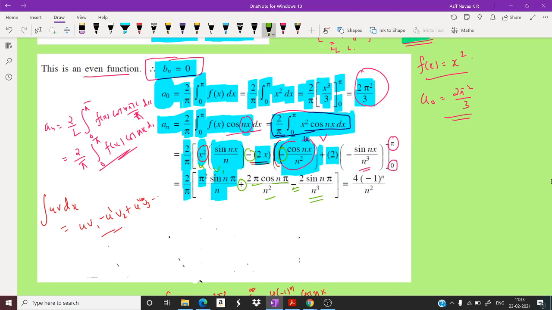Now if you apply the lower limit 0, this term becomes 0, this becomes 0 and 0. So the lower limit is 0.